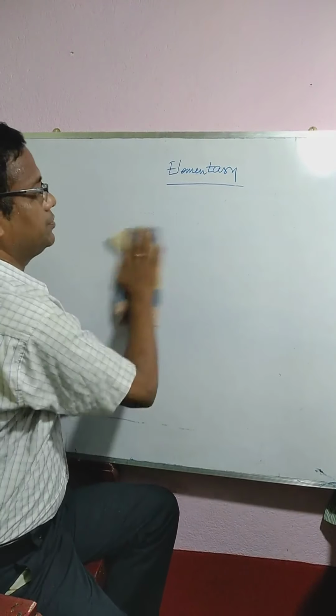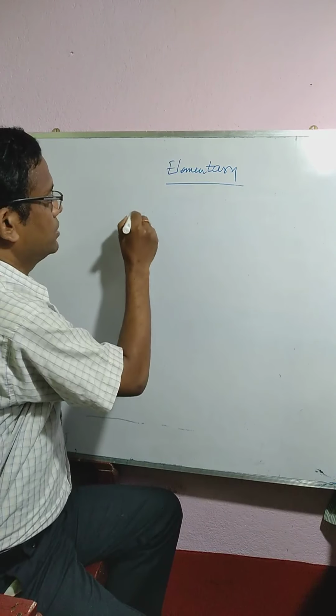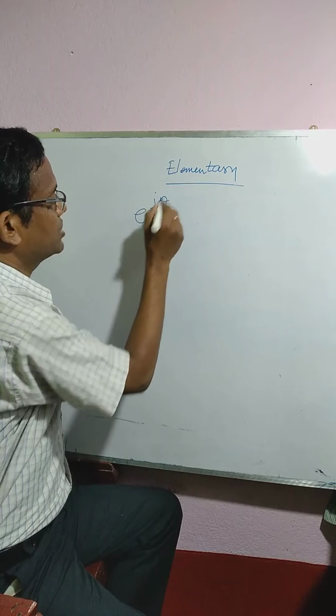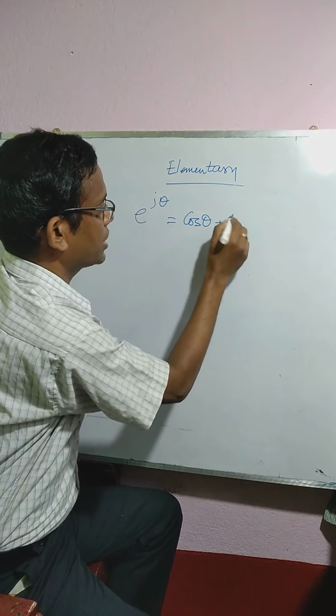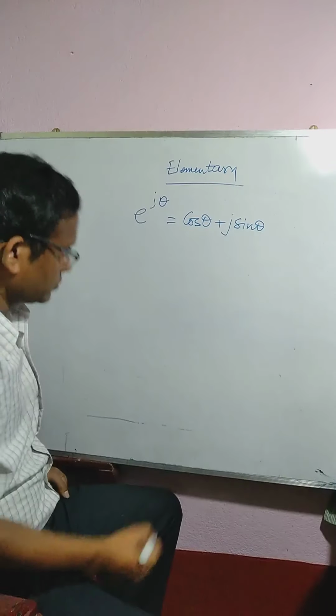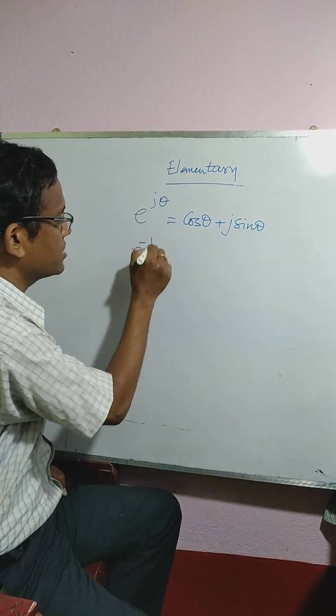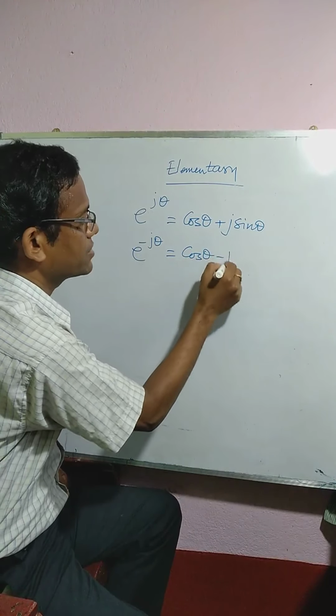Now, rewrite Euler's theorem. e to the power j theta is cos theta plus j sin theta. Again, e to the power minus j theta is cos theta minus j sin theta.